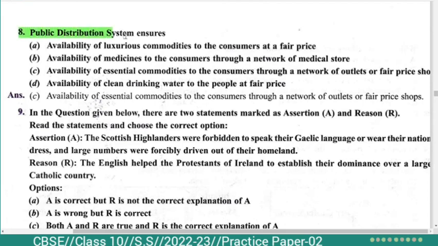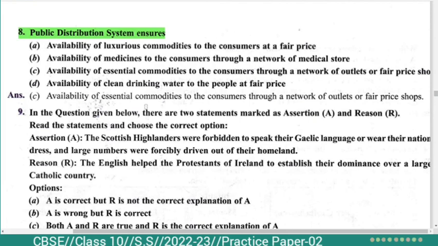Eighth question, public distribution system ensures. Given options are A. Availability of luxurious commodities to the consumers at a fair price. B. Availability of medicines to the consumers through a network of medical stores. C. Availability of essential commodities to the consumers through a network of outlets or fair price shops. D. Availability of clean drinking water to the people at fair price.